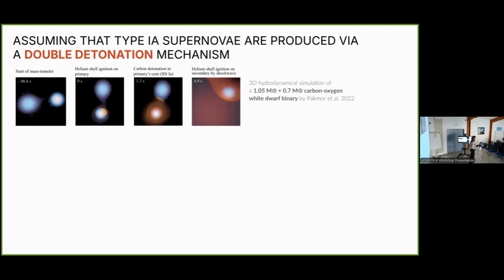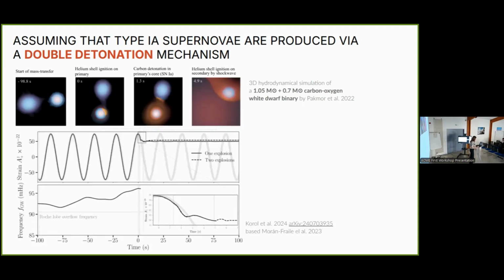So what gravitational wave comes from this? What we are looking at here is time. At the bottom panel, you have the gravitational wave frequency. So this is the output from the simulation. At 100 seconds away from type Ia, we are in the regime of 90-something millihertz. So it's really on the edge of the LISA band.